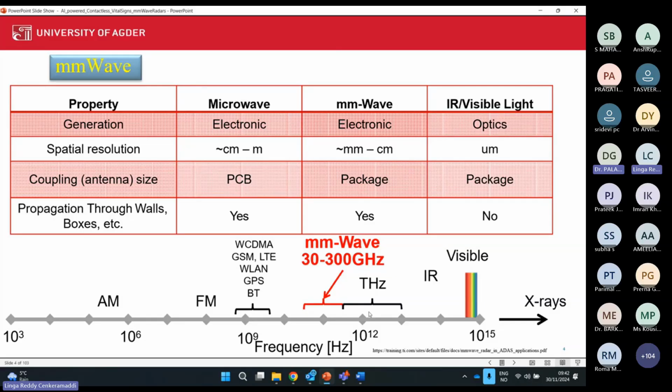Then we have terahertz on the top, then IR, then visible, then at high frequency we have X-rays. Most wireless communications happen below the millimeter wave range, then we have FM and AM. So 30 to 300 gigahertz is classified as millimeter wave.